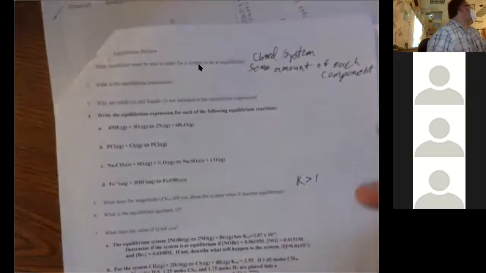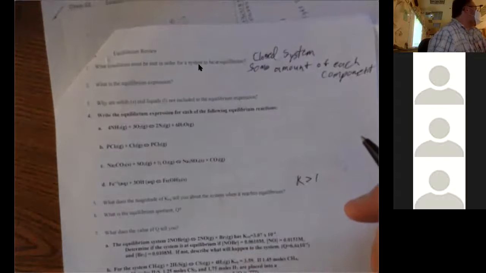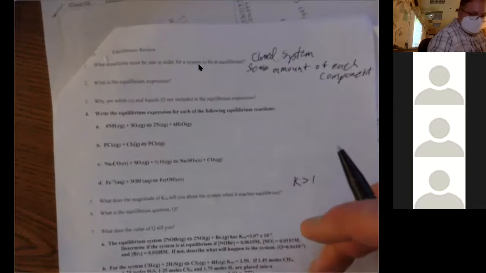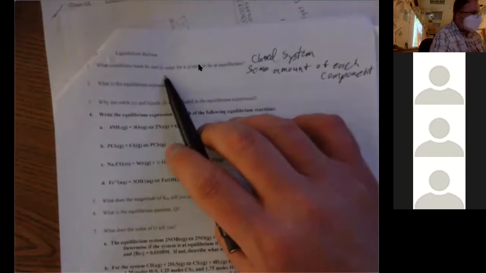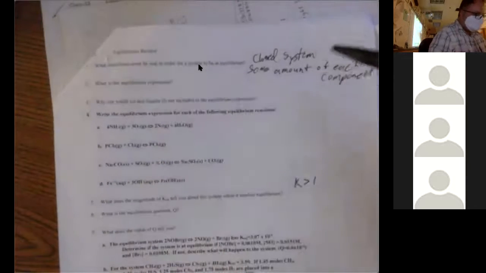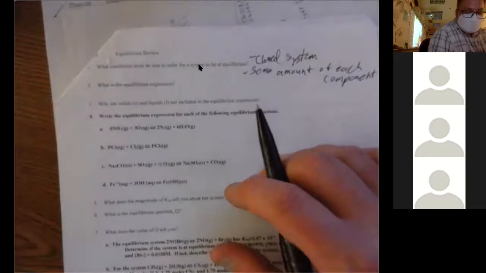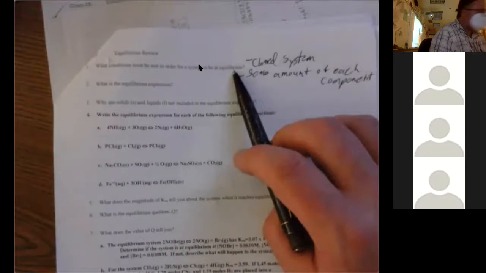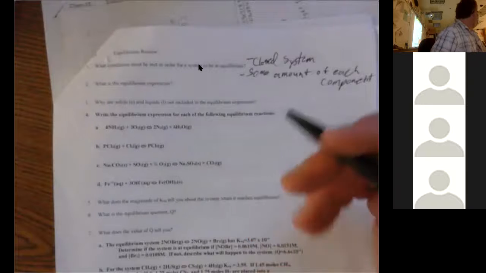Okay. This is a list. Yep. What must be met? These are the conditions. So we have 1, 2. Other than that, if it is truly at equilibrium, then what does that mean about the rate of the forward and the reverse reaction? Yeah, right. They're the same.